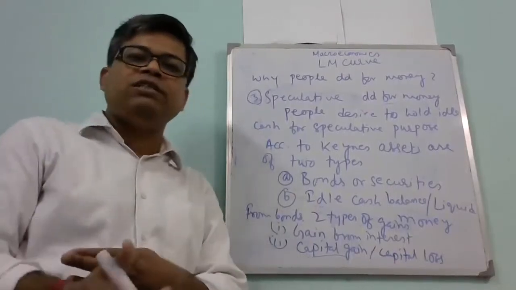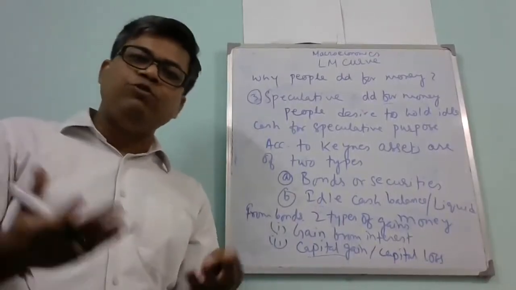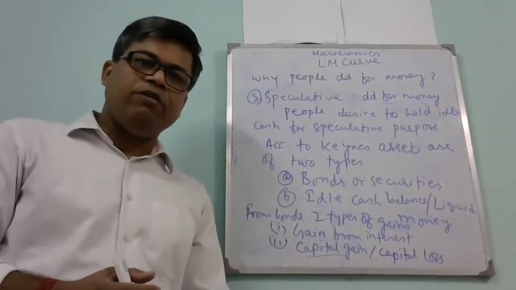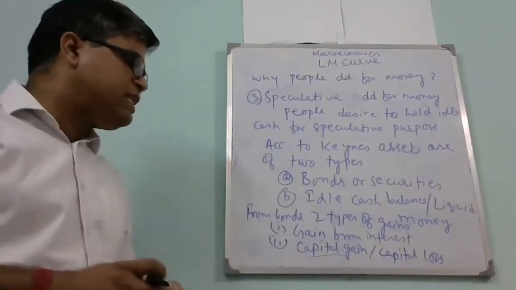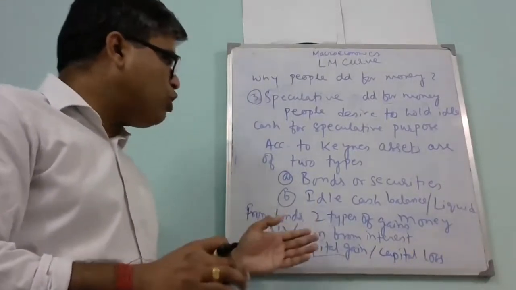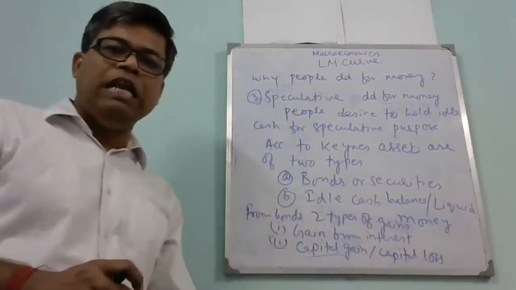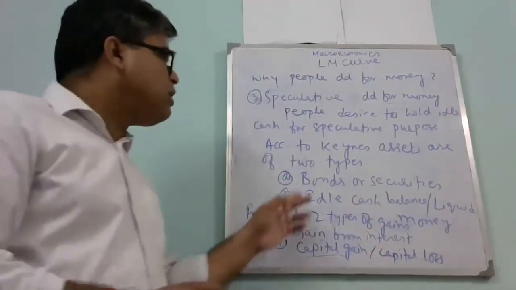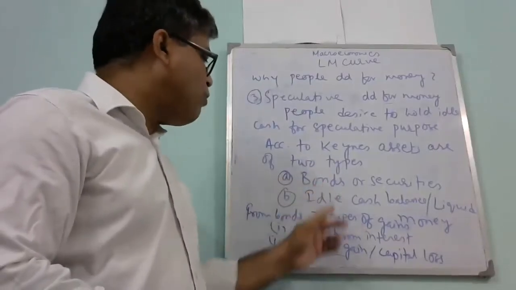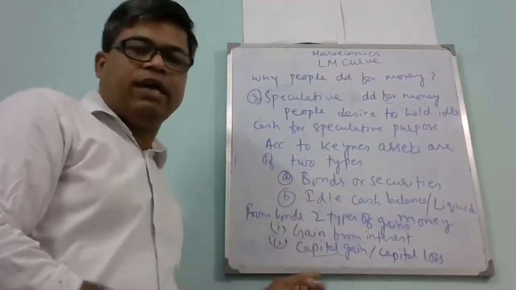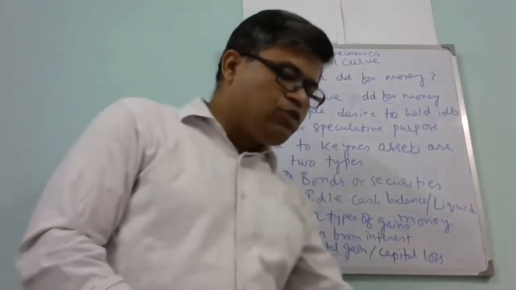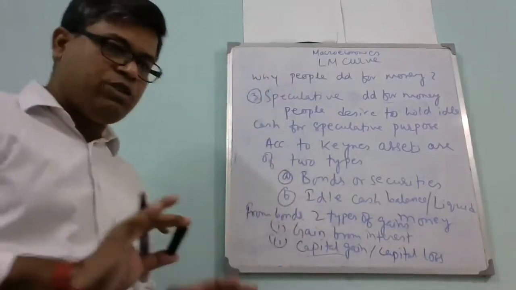After 2 or 3 years, that 5 crores will remain 5 crores. So there is no interest gain or loss for holding the asset in the form of idle cash balance. But for holding the asset in the form of bonds, these two chances are there. So you must be very careful about these two things.